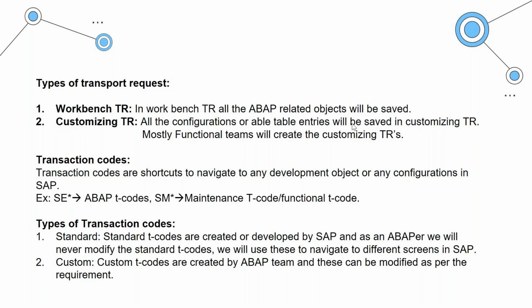So what is a T code? A T code is nothing but a shortcut which is used to navigate to different kinds of objects in SAP, whether it is a development object or a configuration. Whatever it is, if you want to navigate to any place, you have to use a T code.